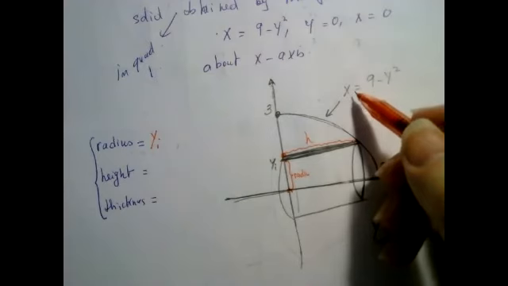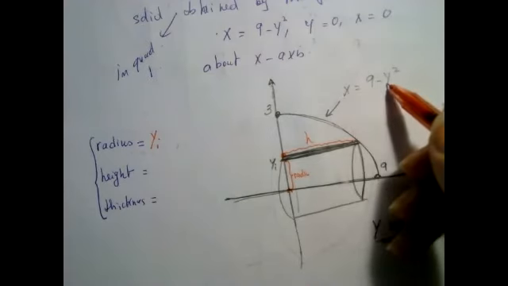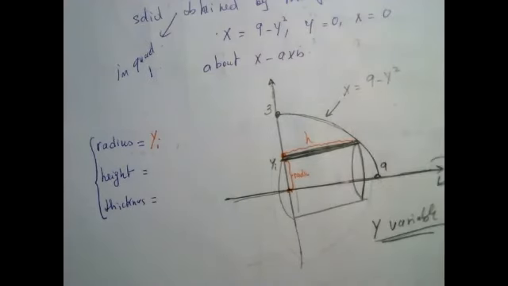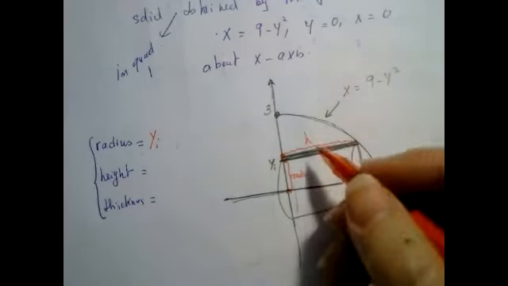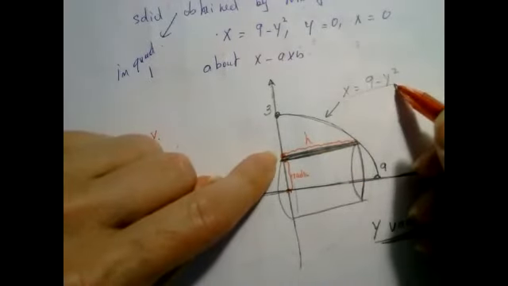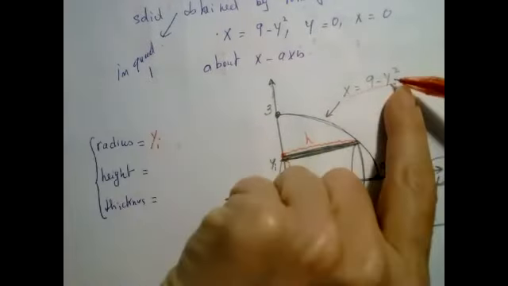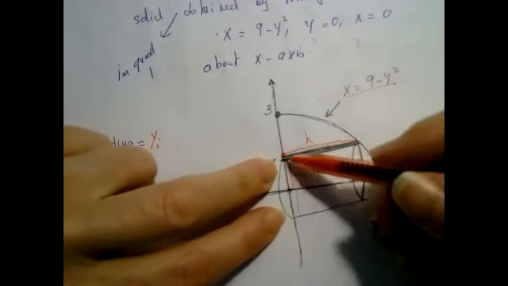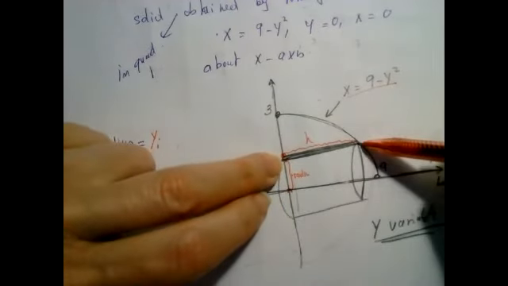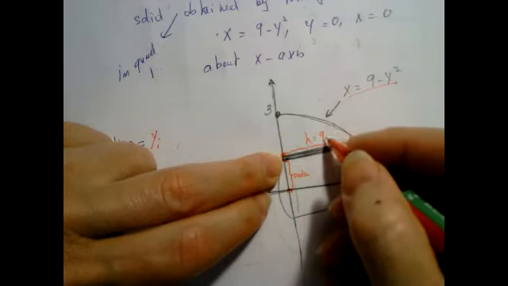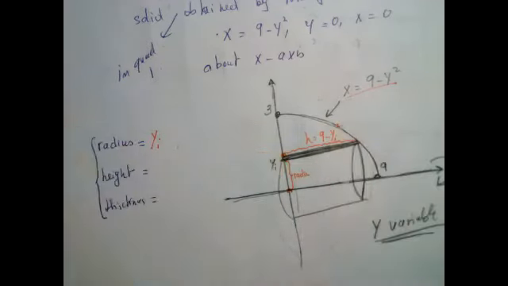In this particular problem, I give you x in terms of y. I don't have to do that. I can give you y in terms of x, but then you have to solve. So how do you read this equation? This equation tells you, if I know the y, this tells you the x distance till you hit the graph. So the height here is 9 minus y_i squared.